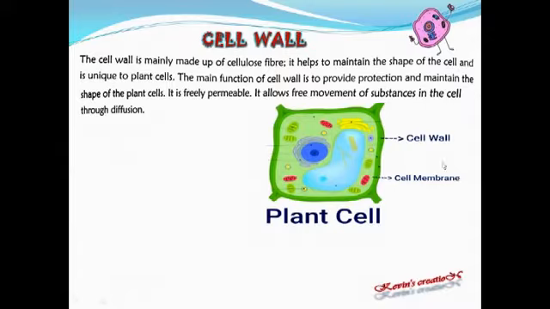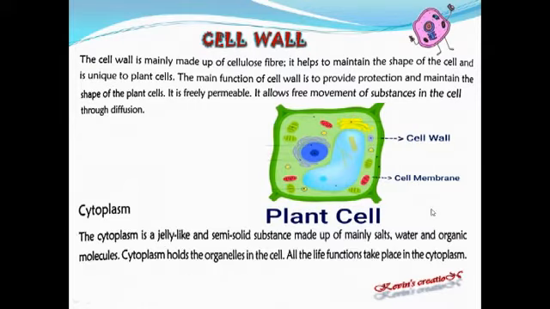Okay, so here you can see this is the plant cell, and this green portion of it is the cell wall, which is made up of cellulose, and within this one more membrane is there, and that is cell membrane. Now something else also is there inside, which is shown with light green, that is cytoplasm.